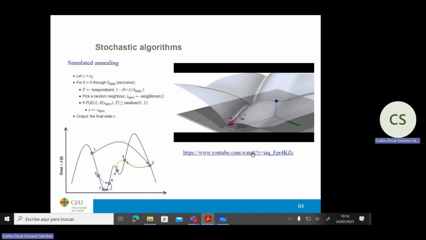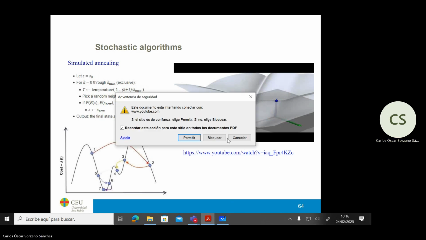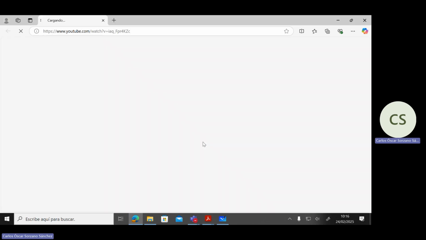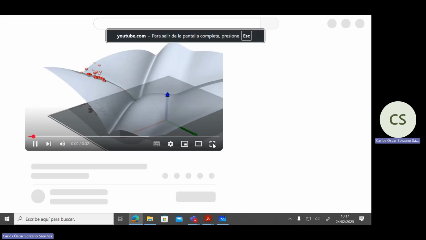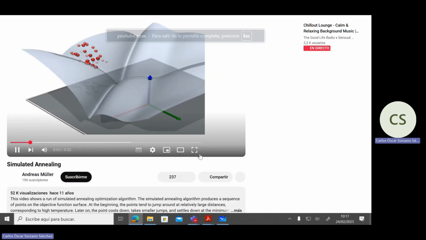But there are some other algorithms that try to escape from local minima. And here we have a nice example with one of them. This is one of the most known, and it is called simulated annealing.